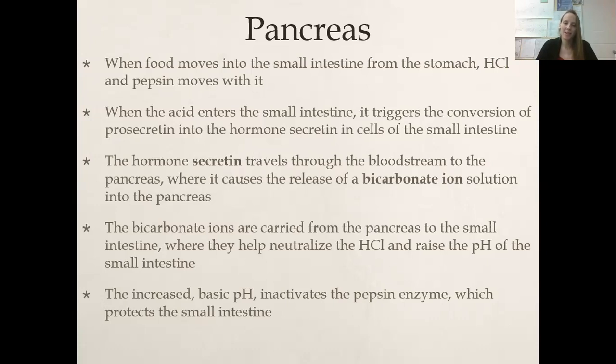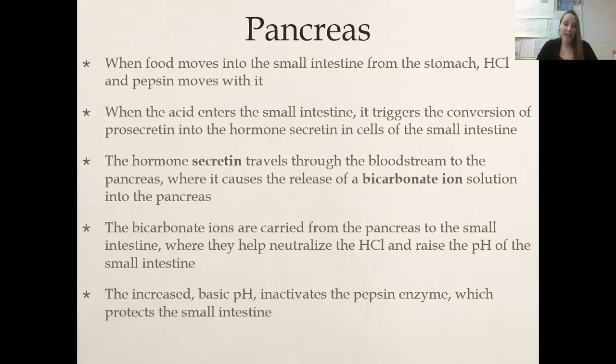The bicarbonate ions then travel back through your bloodstream to the small intestine, and bicarbonate ions are basic. So when they get to the small intestine, they react with the hydrochloric acid and neutralize it. That in turn raises the pH from an acidic one to a pH usually between 7 and 9. And if you remember, pepsin works best at a pH of 2 to 3.